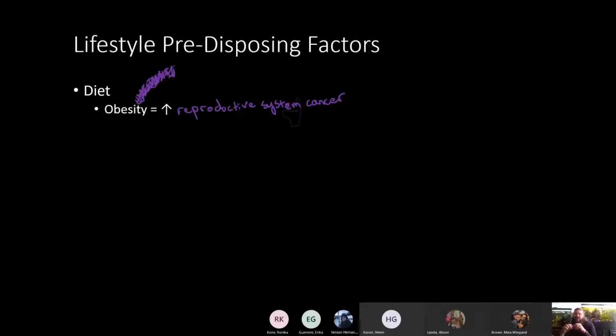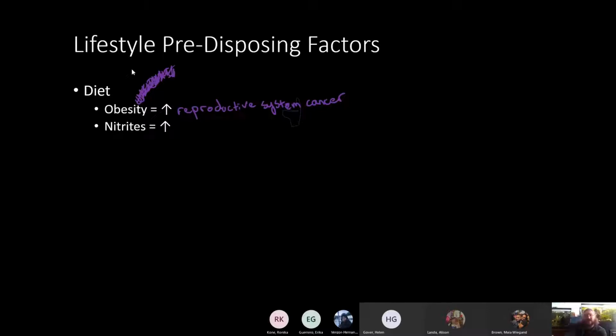And so a really tall female would have a BMI chart saying she's obese, whereas if she lost weight, she'd be unhealthy. Obesity is highly specific to each person, and you'd know if you were obese because your blood tests would start showing it. So anyway, obesity increases reproductive system cancer risk.